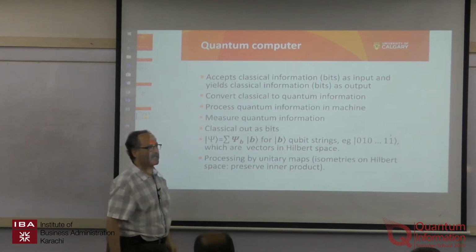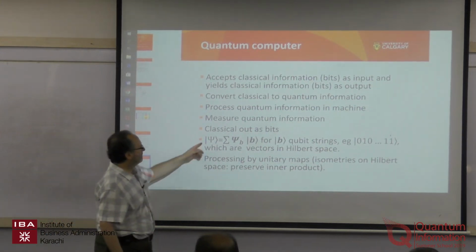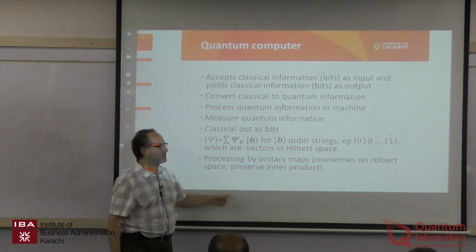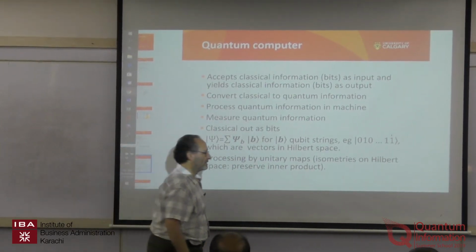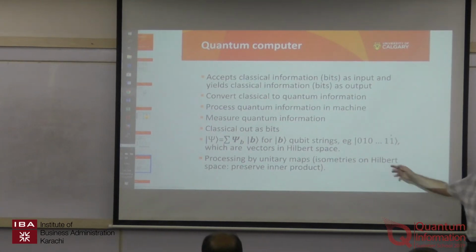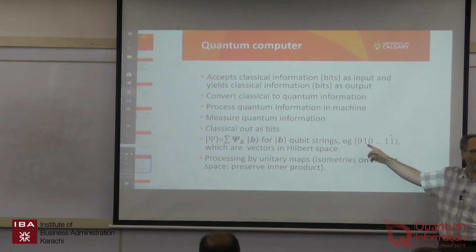Now, what's going on inside the quantum computer is that when we convert classical to quantum information, I'm just writing a quantum state in this way. I'm just allowing B to be a string of quantum bits. So over here, we have an example. Imagine we have a string of some size, and the first bit is 0, and the second bit is 1, third bit is 0, and so on.